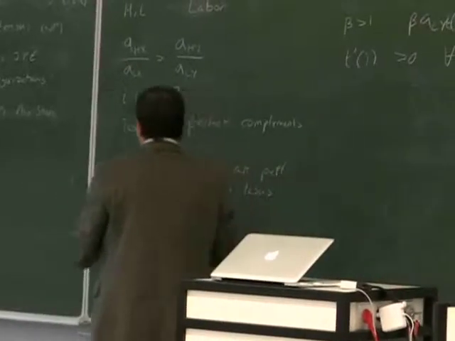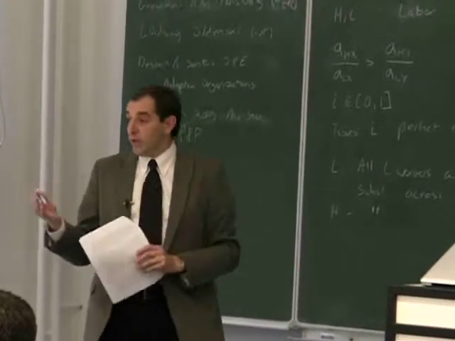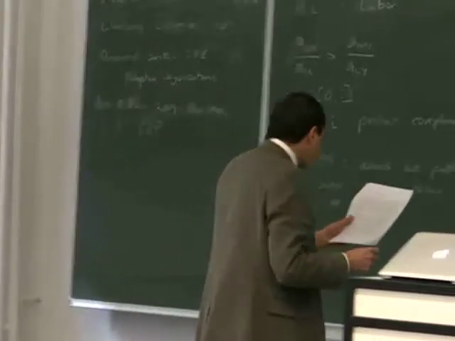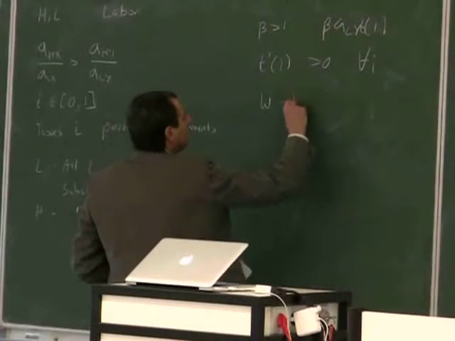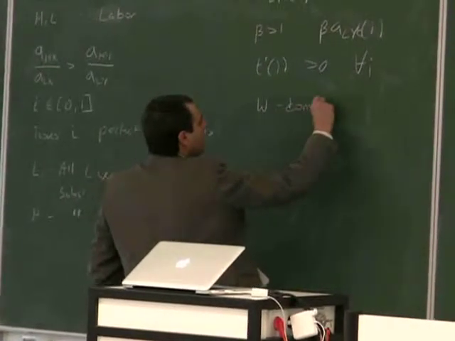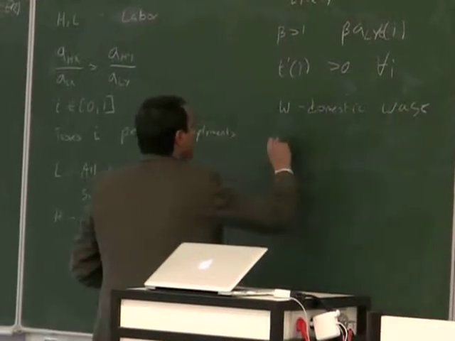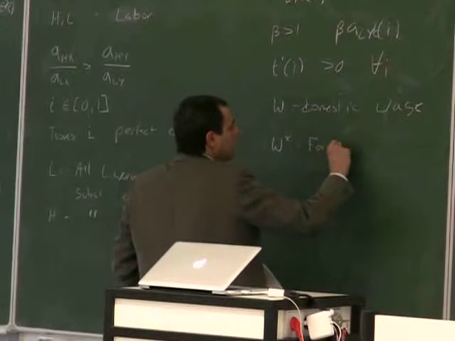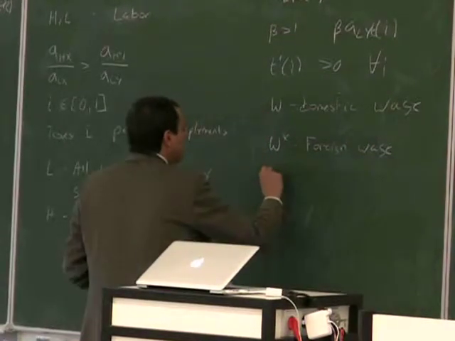Okay. Now, of course, why would anyone outsource? Well, of course, the reason you would outsource is wage. There'd be a wage differential, right? So let's assume that W is the domestic wage, right? And let's say W star is the foreign wage, right, with two things.